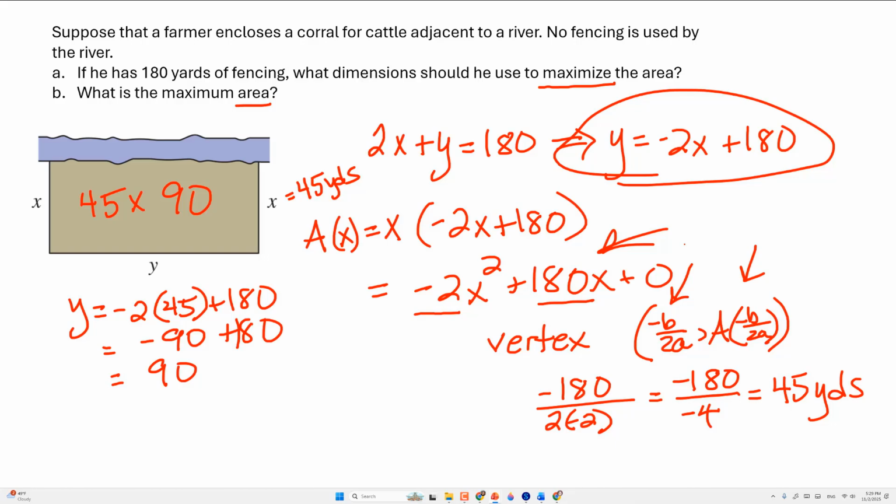So its value will be the maximum area. But why would I do that when all I have to do is multiply 45 by 90? I don't really need to plug it into the function to find that maximum area. So if I just find 45 times 90, that's going to be 4,050 square yards for that maximum area.